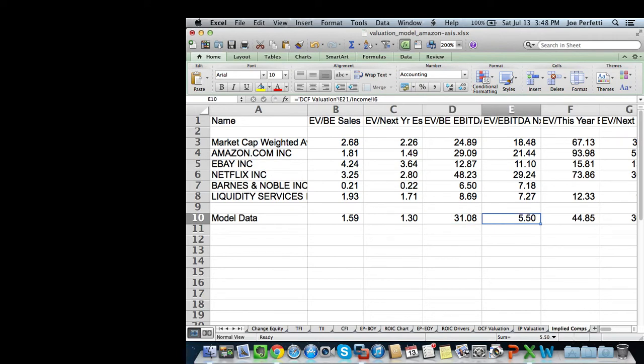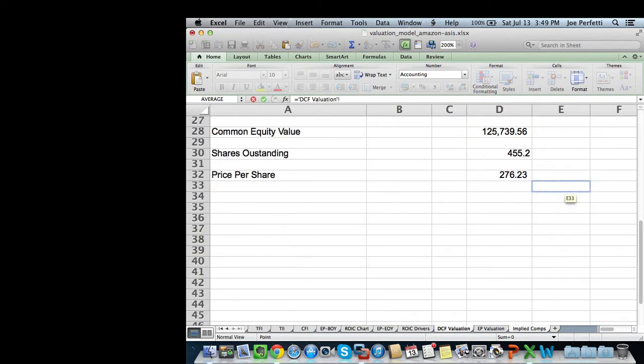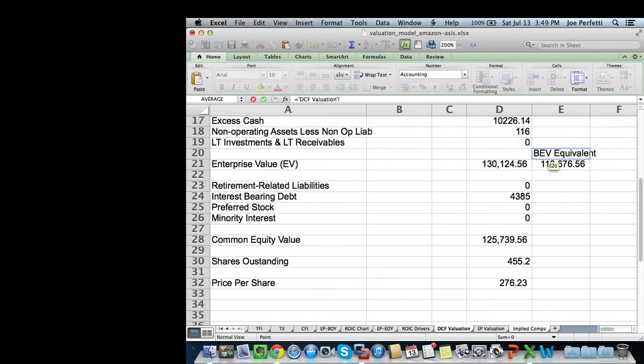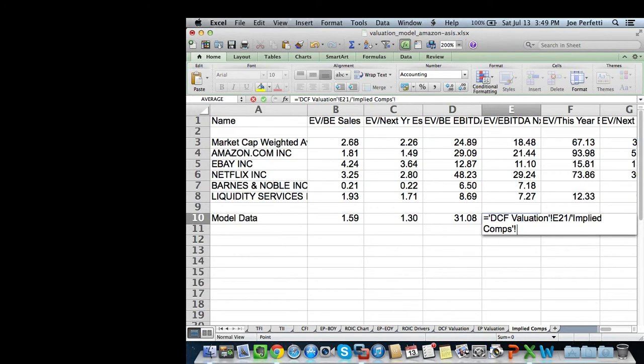They should be the same number, right? So let me try this again. Equals Implied Comps, the DC valuation, enterprise value divided by, what year again was this? Next year, so 2014, that was EBITDA.